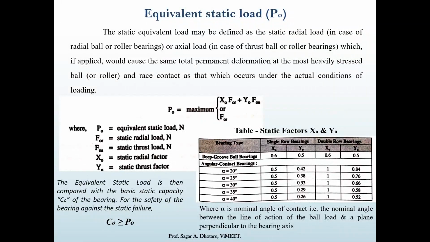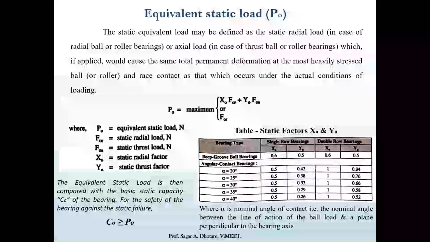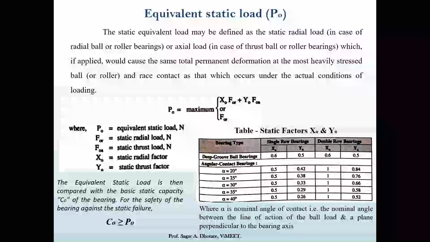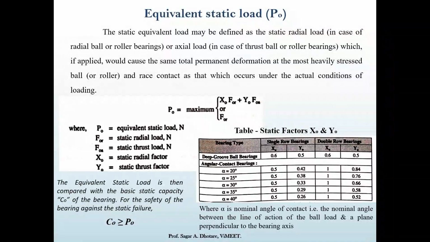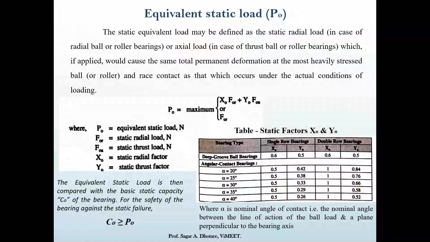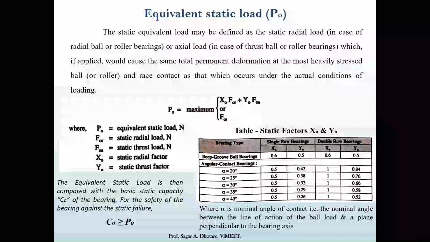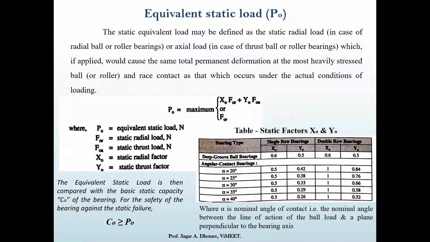Whenever we are designing the rolling contact bearing, or when we are finding the static capacity, in that capacity we are only considering that the applied load is a radial load. Okay, and in case of thrust bearing we are considering the pure axial load only.